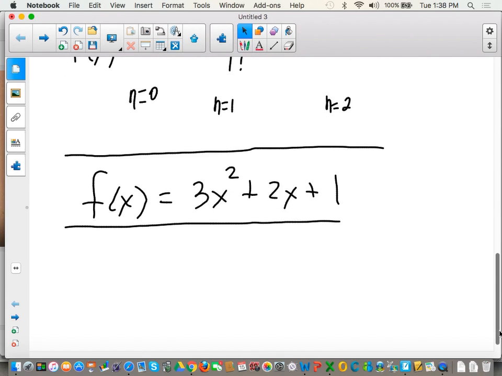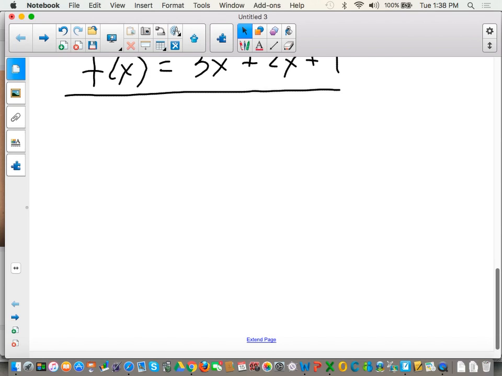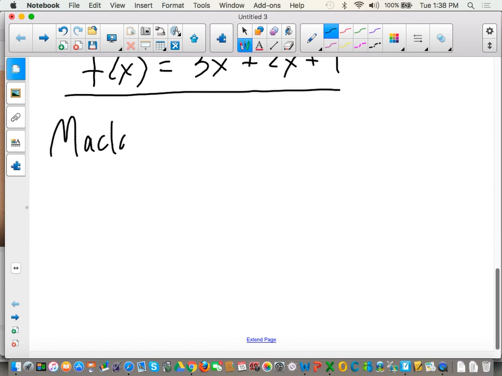So that's a Taylor series. Now we have something called a Maclaurin series. I would love to know the history here, because it seems like another case of giving somebody credit for something they don't really need it for.